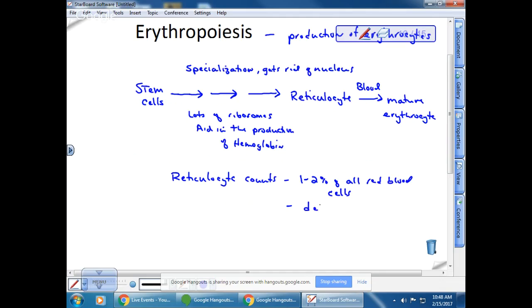Okay, so this determines the rate at which blood cells are produced. So if you have a low reticulocyte count, that means that you're not producing red blood cells enough. So there's something wrong. Your body's not producing them at a high enough rate. And so we're going to talk about anemia, but anemia would be a likely outcome of that situation.